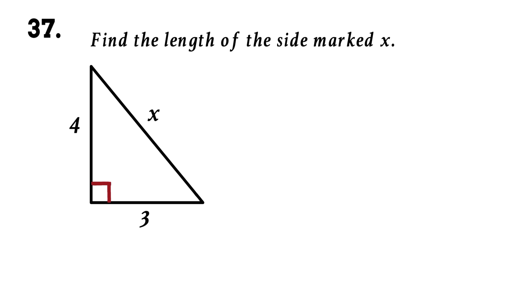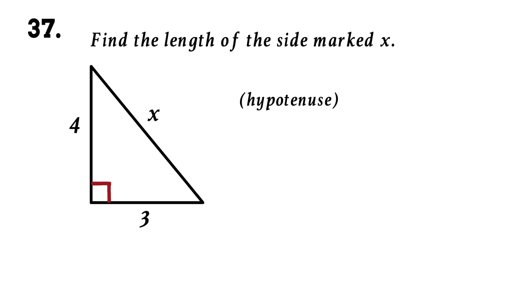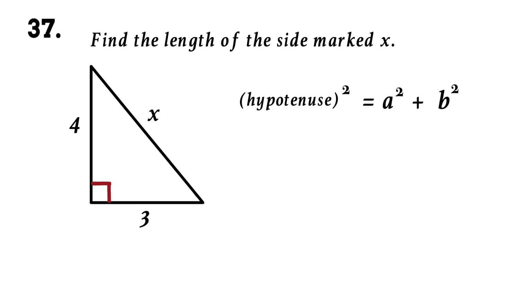Since this angle is 90 degrees, we can use the Pythagoras theorem to solve. Hypotenuse, which is the long side, squared, equals a squared plus b squared, where a and b are the two other sides. Here, the long side, or hypotenuse, is what we are finding.